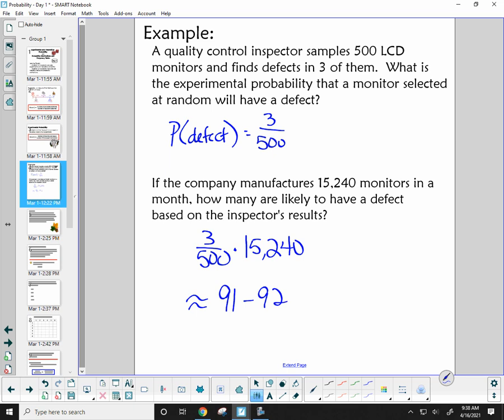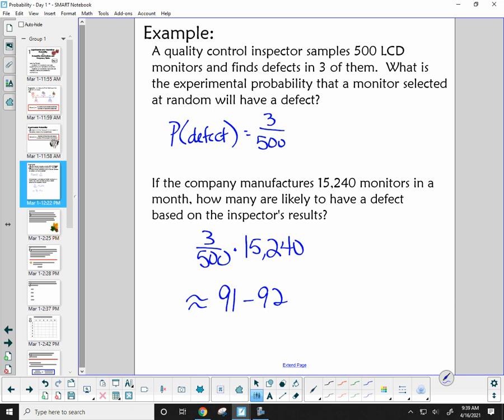Mathematically we'd round down, but in the real world you would say approximately 91 or 92 of them are going to be bad. All the ones that I've seen on the test come out to a nice whole number, so you don't have to worry about how to round it. Usually they accept the range as well, so I would say between 91 and 92. Is that okay?